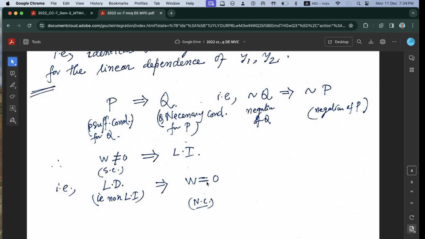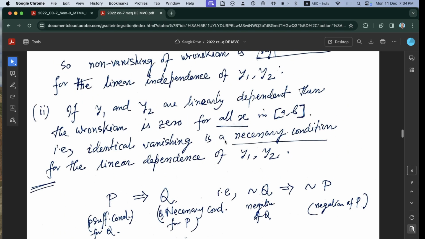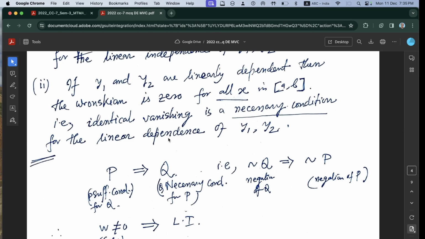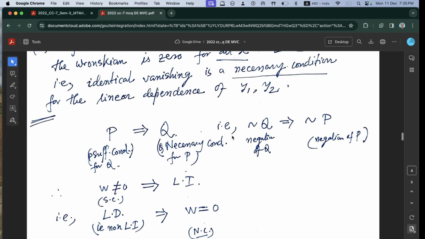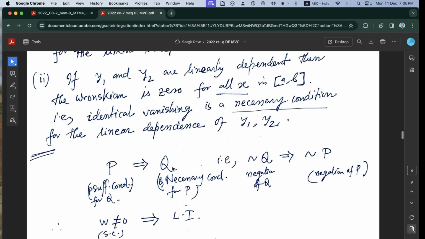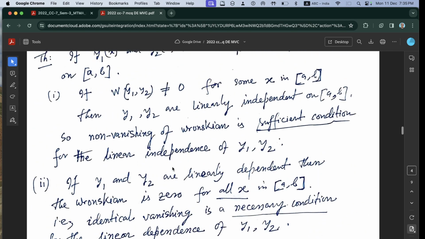So obviously the Wronskian identically equal to 0 is the necessary condition for linear dependence of y1, y2. To summarize this result, we can extend the Wronskian to n functions. This is the important theorem for the Wronskian, here for two functions y1 and y2.